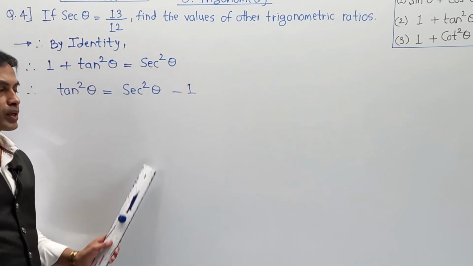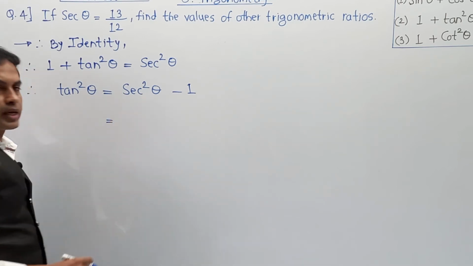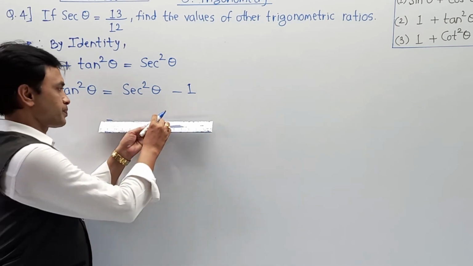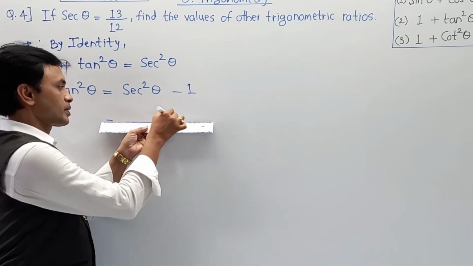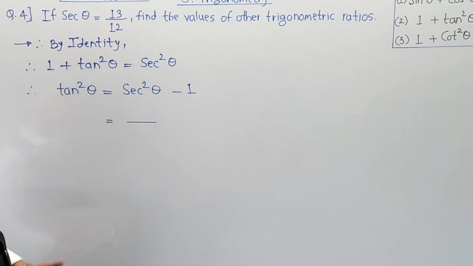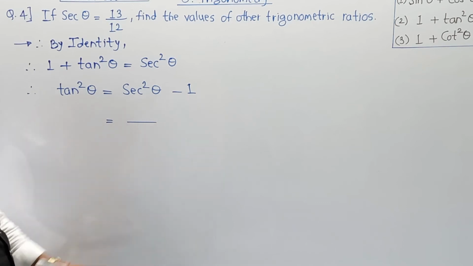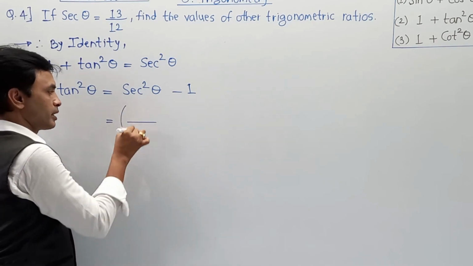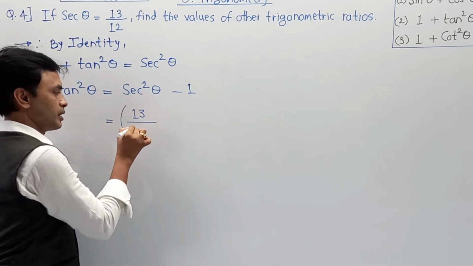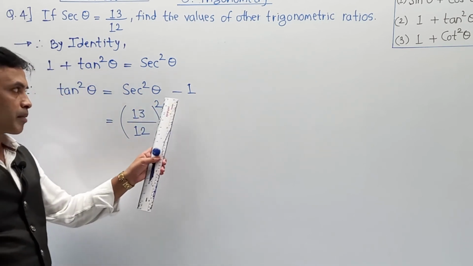Now from here onward we have to perform a mathematical calculation, and here evaluation is taken into consideration. Here sec theta is 13 upon 12, and now we have to write sec square theta. So naturally we can write 13 upon 12 bracket square minus 1.